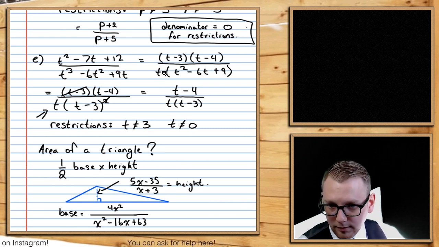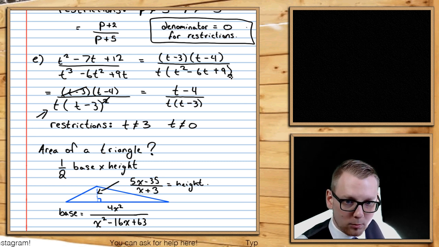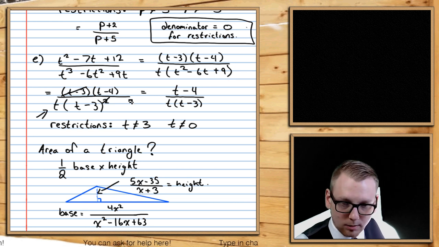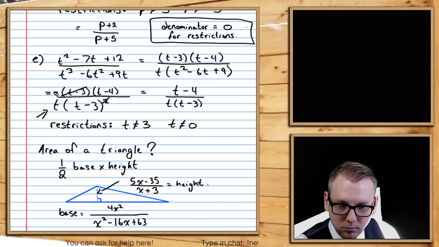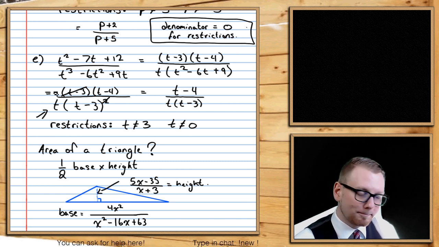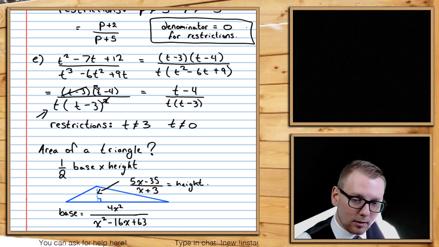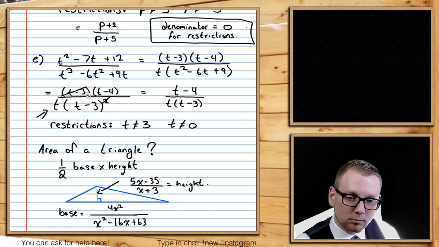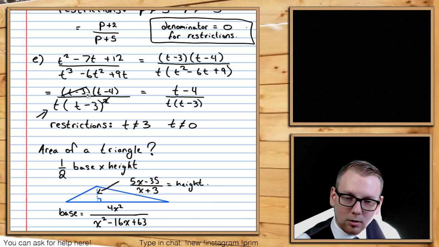And so what you were left with was the t squared minus 6t plus 9, which is perfect. Then you figured out that it was t minus 3 times t minus 3, or just t minus 3 squared. That t that was in front didn't go anywhere, didn't have to change. And then you realized that one of the t minus 3's on the top cancels with one on the bottom. And that was it. Nothing else canceled out, nothing else changed. That was all that was left.